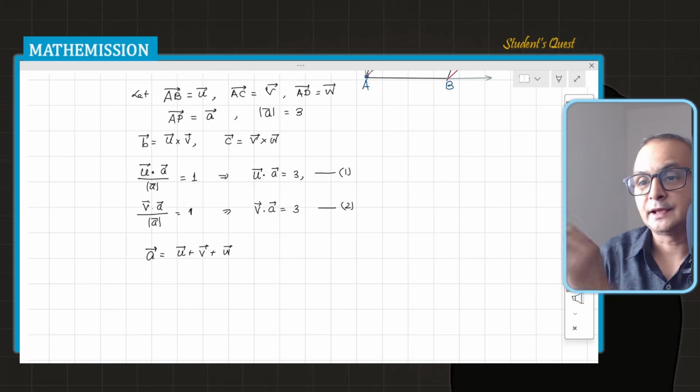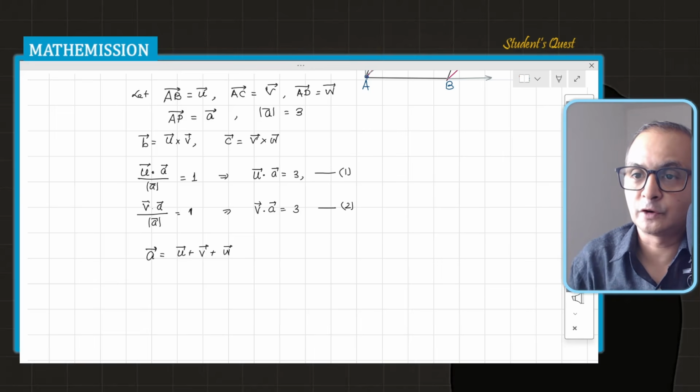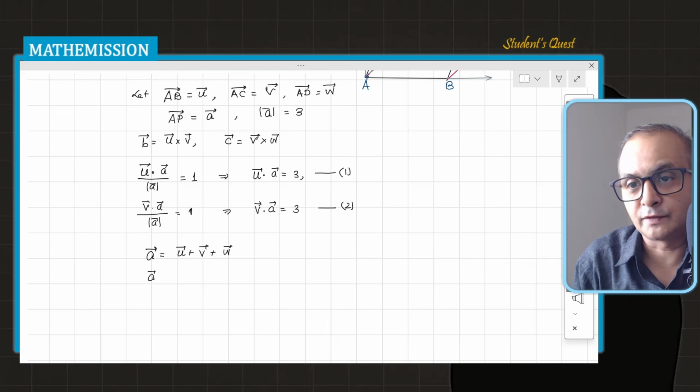Now we can apply the fact that the magnitude of A is 3 units. So let's think about what will happen.